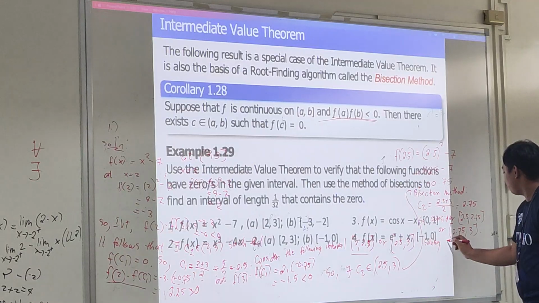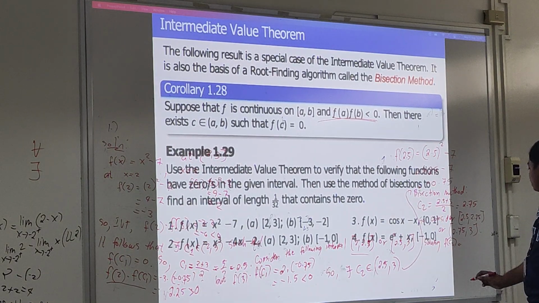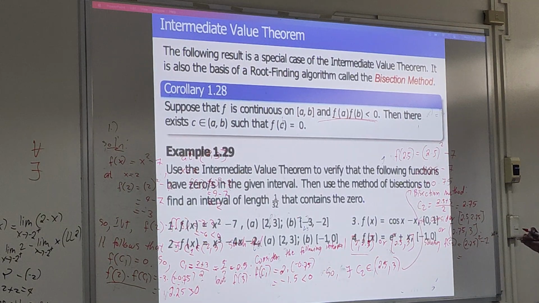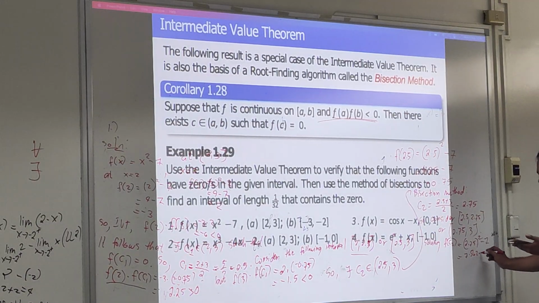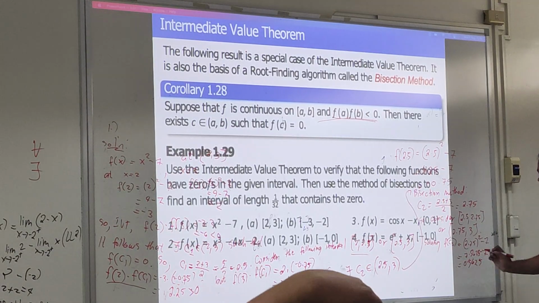So solving for your f of C2, that is just 2.75 squared minus 7. This will give you 7.5625 minus 7, which is 0.5625.